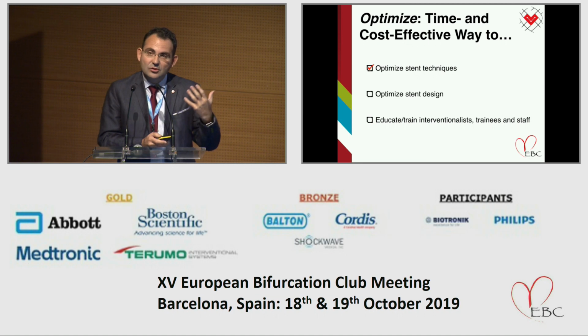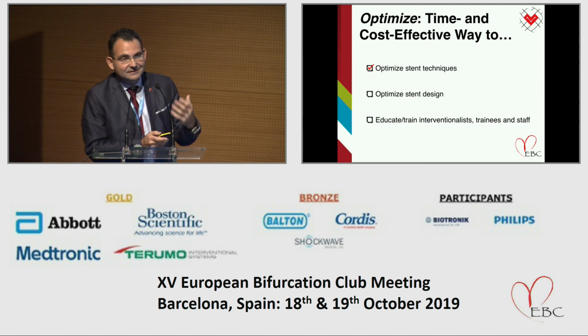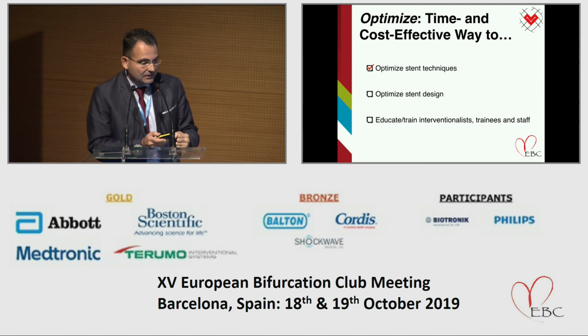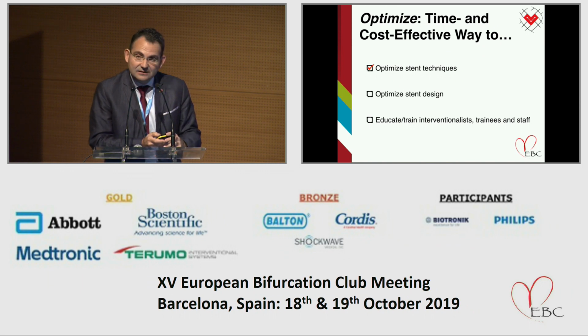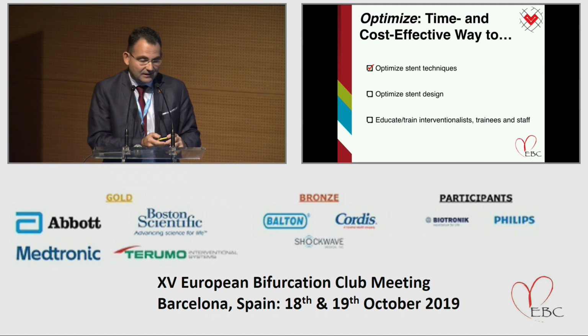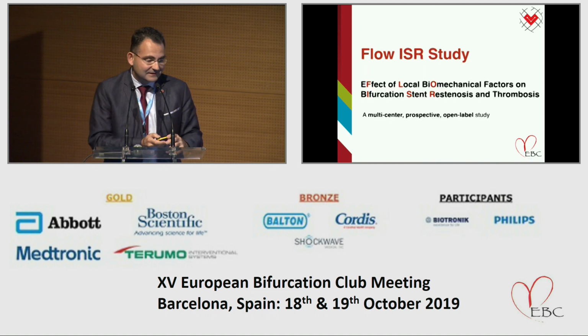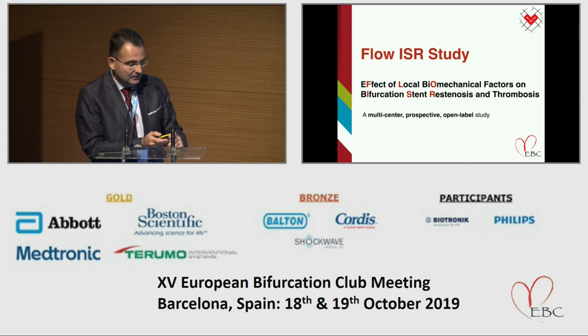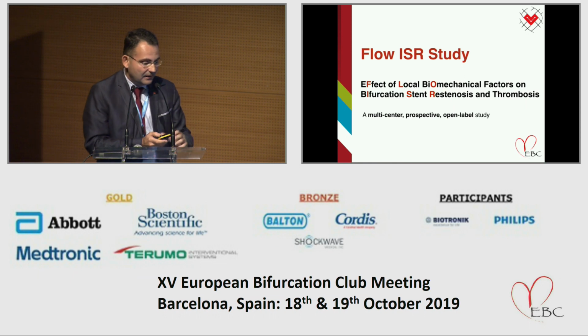This computational stenting simulation is a very time and cost-effective way to optimize stenting techniques, to optimize stent designs, and to educate and train our colleagues, trainees, and staff. Coming to how this can help us optimize stenting techniques, we are conducting the FLOW-SR study, ProPod in Japan.